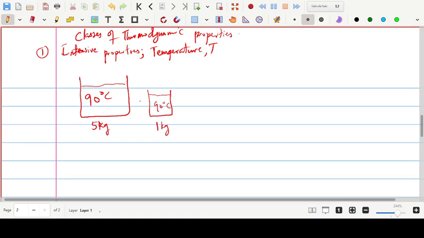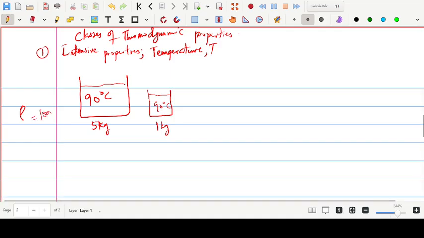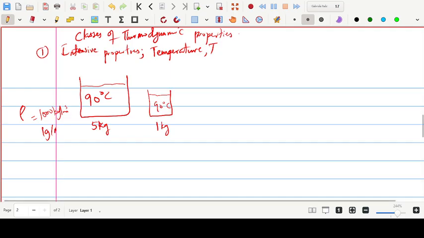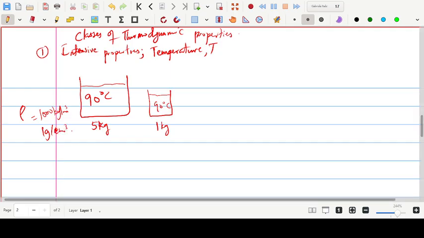Now this same water, what is the density of water? Density of water is 1000 kilogram per meter cube, or 1 gram per centimeter cube. Nothing changes to density with respect to the boiling or whatsoever. Density is an intensive property.